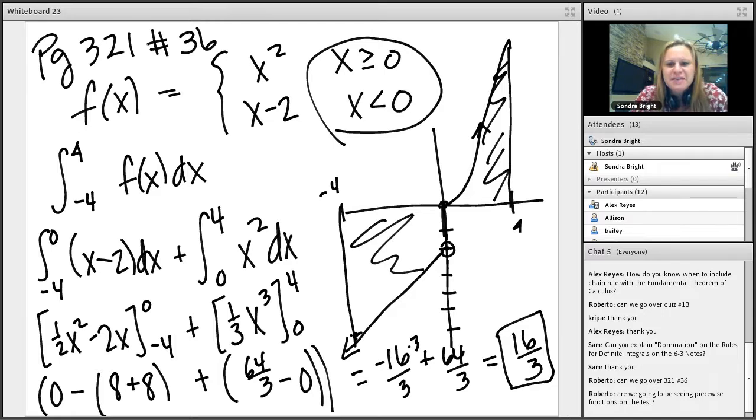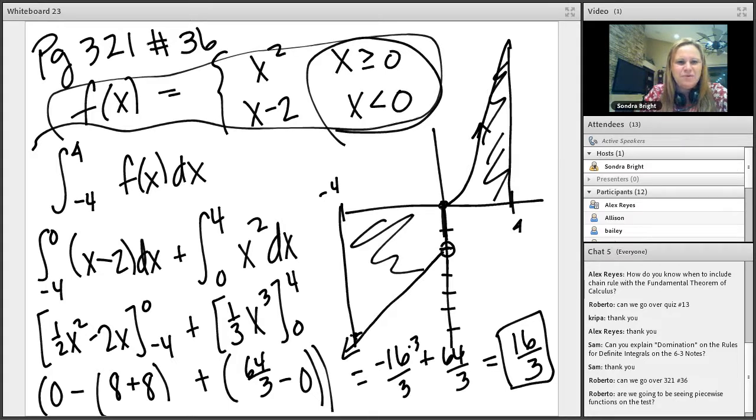Are you going to see piecewise functions? You can definitely see something like this. Is it given to you as a piecewise function exactly like this? I don't remember. But for sure, you will absolutely see that you've got to split up your graph from when it crosses the x-axis.